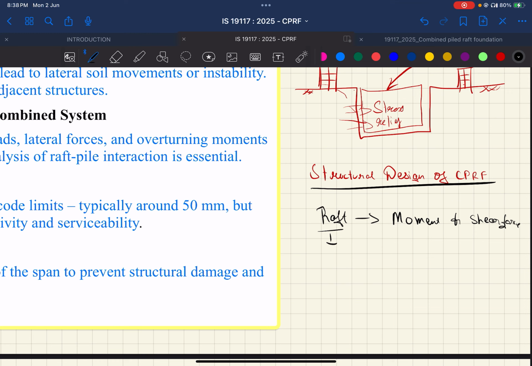This ensures the raft has sufficient flexural and shear capacity to resist the imposed action.